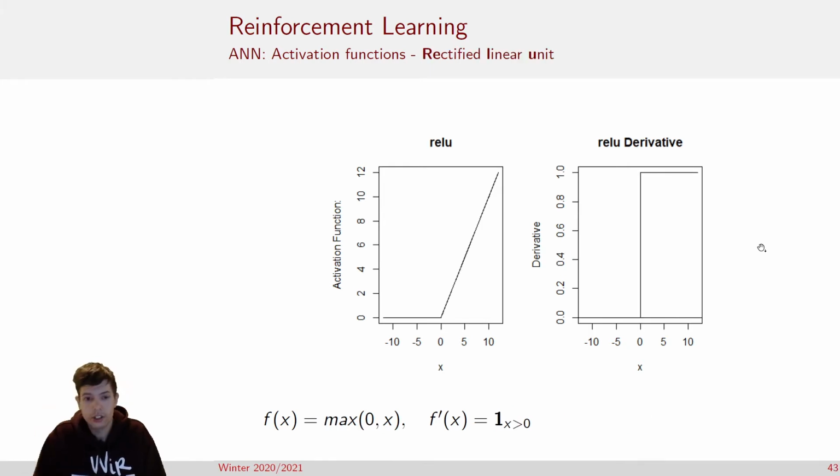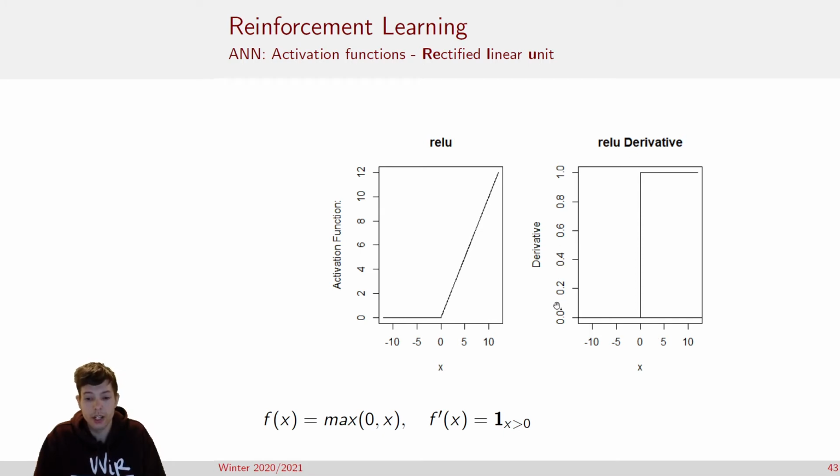Then two more functions that are very simple and have worked rather well in the past in learning exercises. First is the rectified linear unit. It's linear above 0 and 0 elsewhere. So if x is larger than 0, then the ReLU function is equal to x. Otherwise, it's 0.